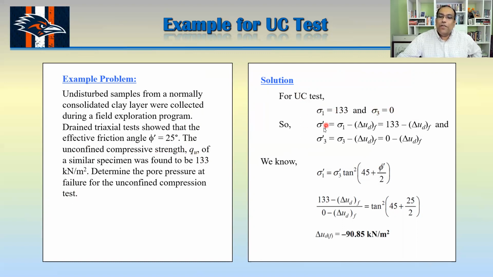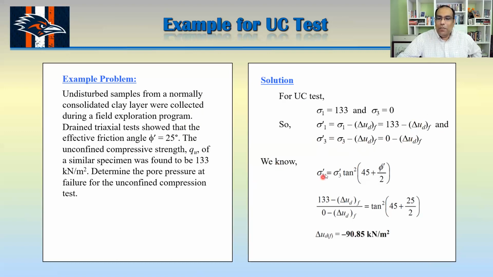So in terms of effective stress, sigma 1 prime is sigma 1 minus the excess pore water pressure at failure. So 133 minus the excess pore water pressure at failure. And sigma 3 prime is sigma 3 minus the excess pore water pressure at failure, which is 0 minus this.